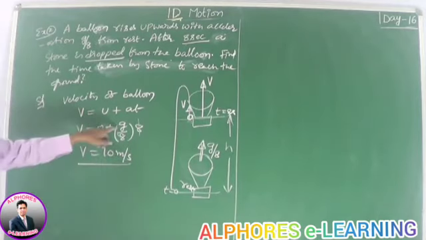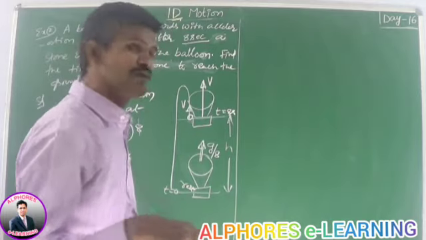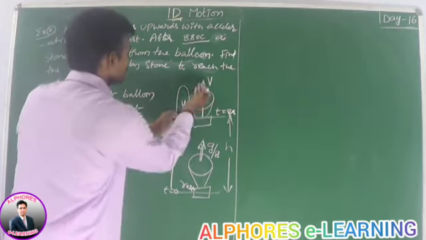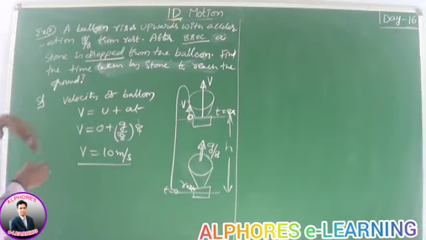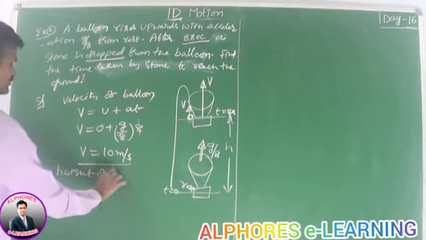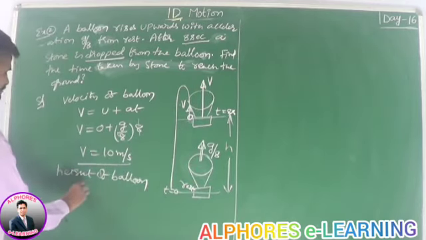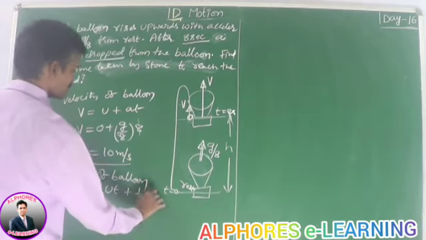And g doesn't mean 10 meter per second square. It is velocity, so its units are 10 meter per second. So as the balloon moves upwards, the stone also possesses the same 10 meter per second. What is the height of the balloon? This h is obtained by using s is equal to ut plus half at square.